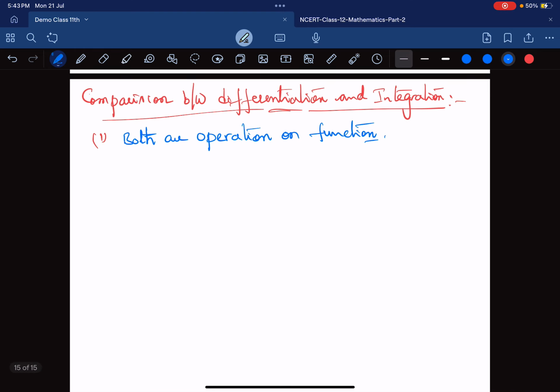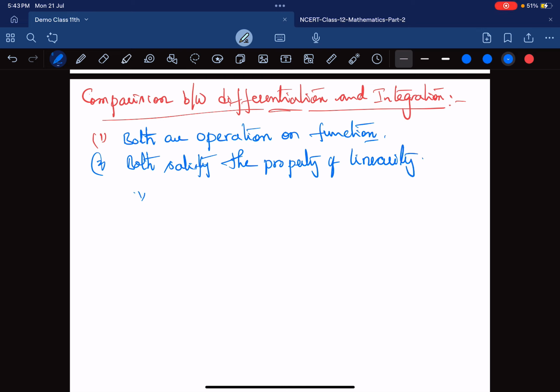Both satisfy the property of linearity. That is, d by dx of k into f of x is equal to k times d by dx of f of x.